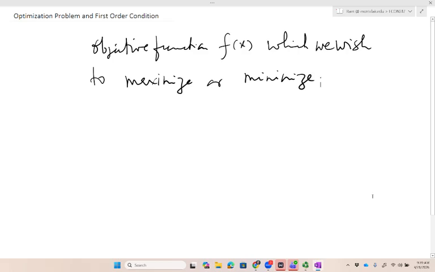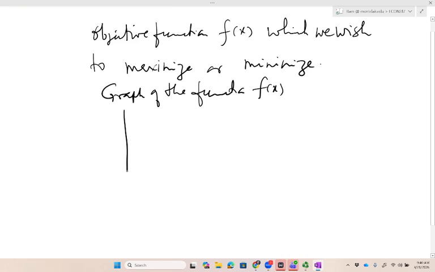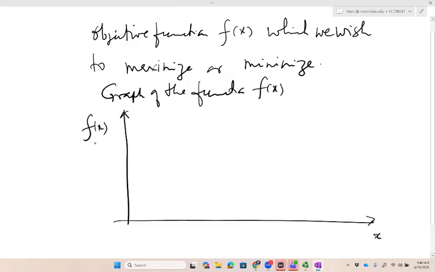Okay, and we believe the function is well behaved in the sense of, if I draw the graph of the function, it looks something like this. So I have x on the horizontal axis, independent variable, f of x, the function value, and let's say the graph looks something like this.